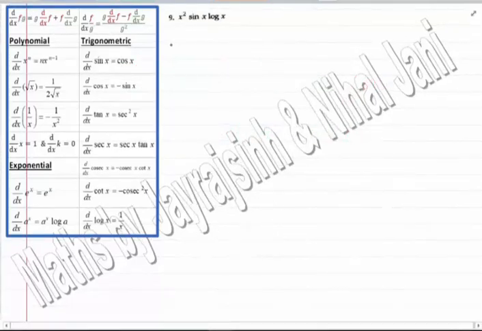Now we will move to question number 9, in which we have x square sin x into log x. So here we have 3 different functions in multiplication, but don't worry, we know how to handle them, right? Let's differentiate.